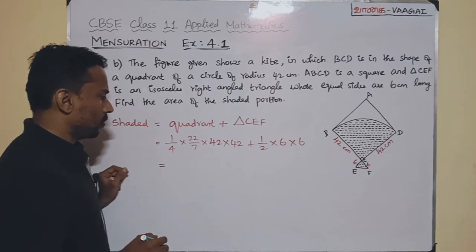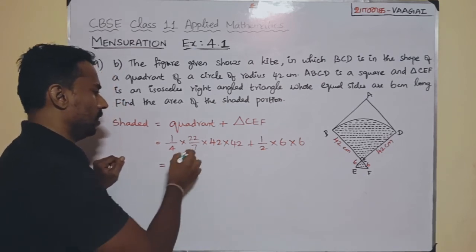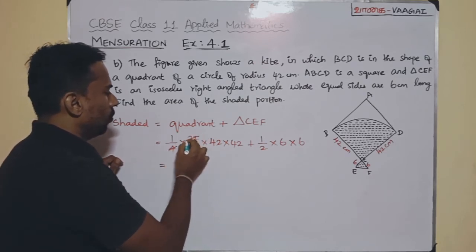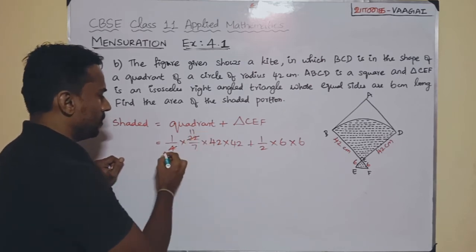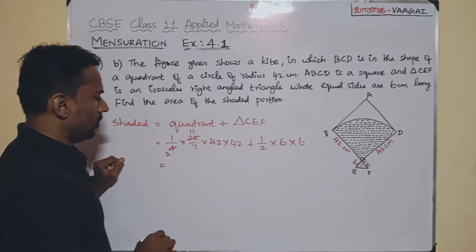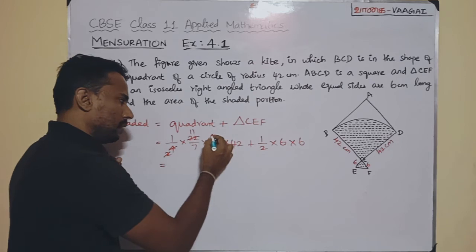Now see how we are going to solve this problem. So first of all, what we can do here is I can just cut this 4 and 22. So this will be 11 times and here it will be 2 times. Now once again what I can do is I can cut 2 and 42 for 21 times.